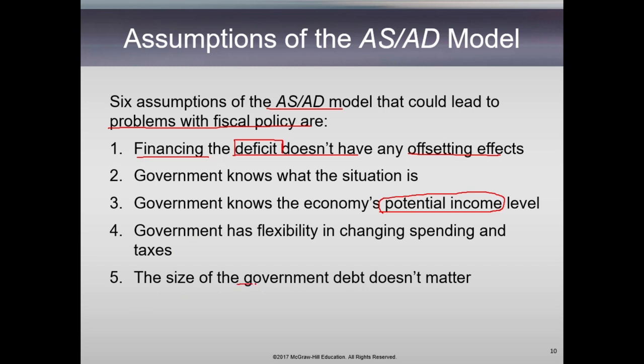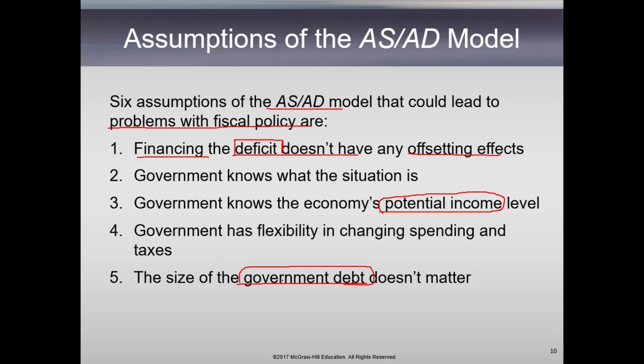Finally, the size of government debt doesn't matter. Well, we know that that's not necessarily true from what we talked about in the previous chapter. If the debt to GDP ratio is already large and it's on taxpayers', consumers', and businesses' minds, then when the government runs large budget deficits to stimulate the economy, the focus may be more on the impact on the debt to GDP ratio than on what people have immediately to spend in terms of a tax break, or the amount that government spending creates employment in the economy and creates income for businesses.